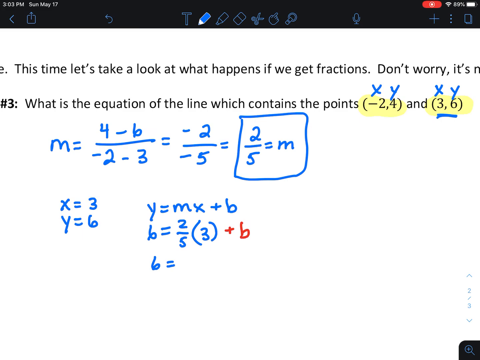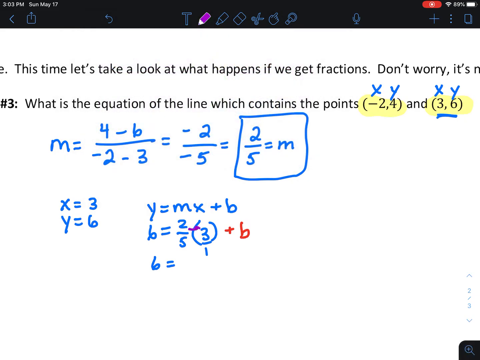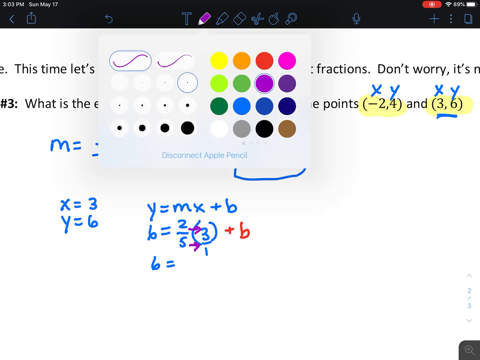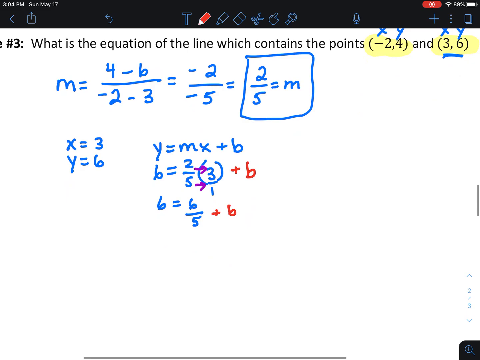Well, what I like to do is change this 3 into a fraction by putting it over 1, so you end up with 2/5 times 3 over 1. Now you can multiply straight across the tops and straight across the bottoms. That gives you 2 times 3 is 6 over 5 times 1 is 5. And then we still have our plus b.